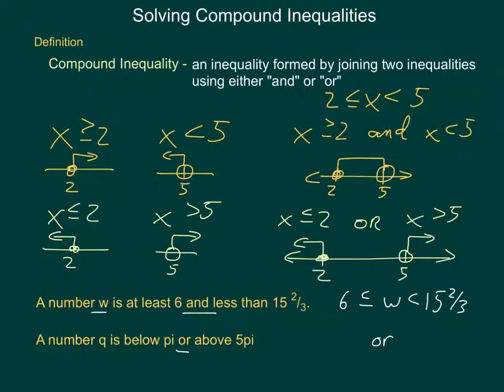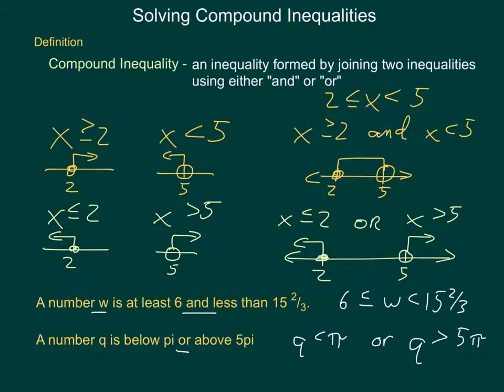Now q is below pi, so q is less than pi, or it's above 5 pi, so q is above 5 pi. So we can have different situations where we are including on one end, including on both ends, or not including on both ends. And then we get the different situations you see modeled here.